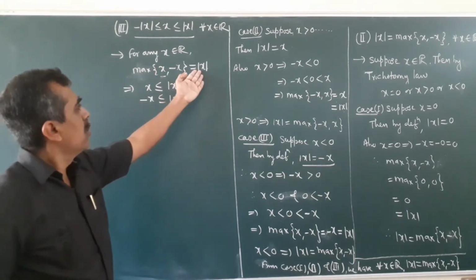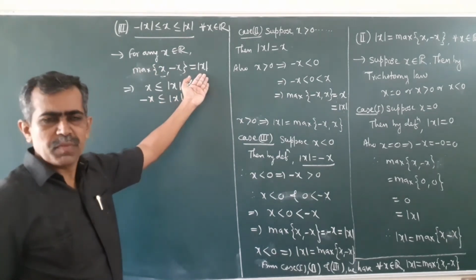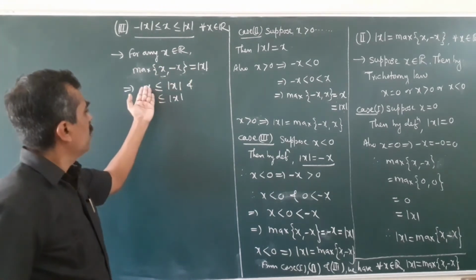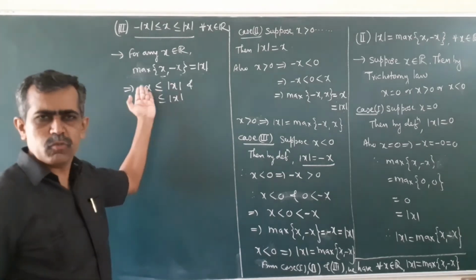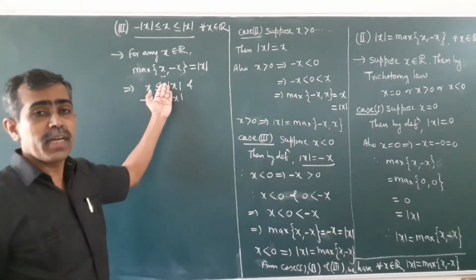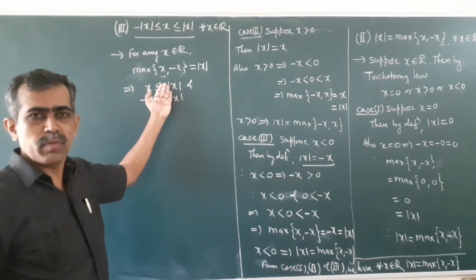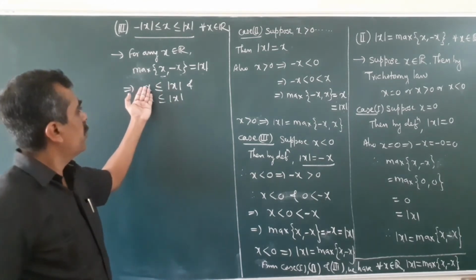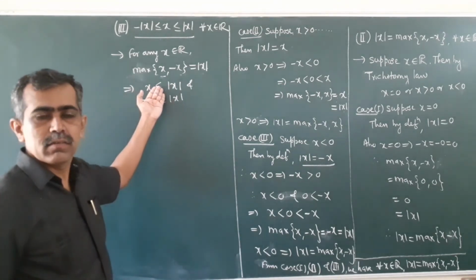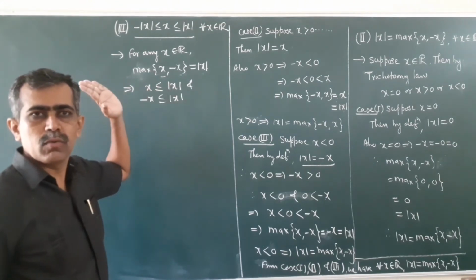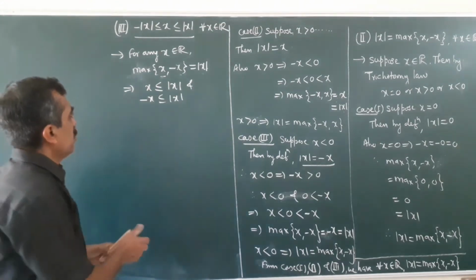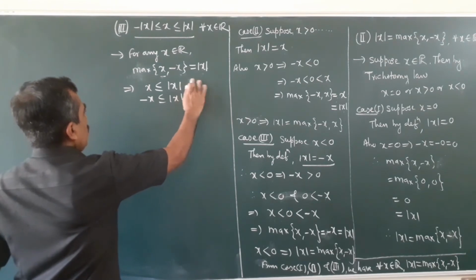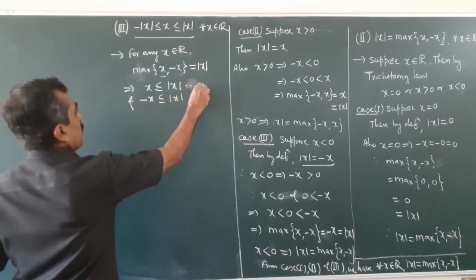Therefore, x is less than or equal to mod x. If x is 5, then 5 is equal to mod of 5, that is 5. But if x is minus 5, then minus 5 will be less than mod of minus 5, that is 5. Clear?